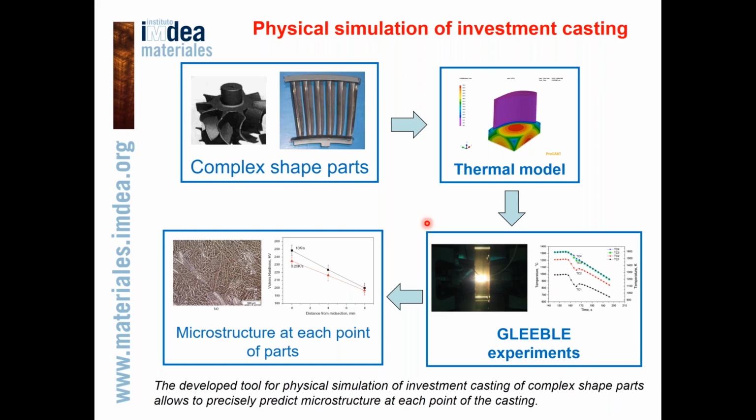Based on the available information on the largest eutectic pools in the casting, we will select the optimum heat treatment parameters which will allow us to dissolve the largest eutectic pools in the microstructure and to produce a high quality part.